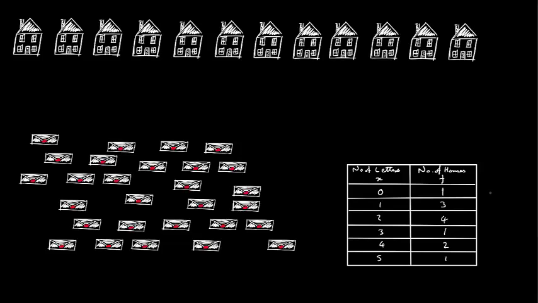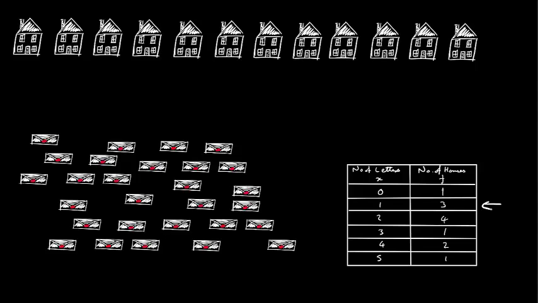The first row says that no letters are delivered to one house. So I'm going to deliver no letters to this house here. That's me sorted there. The next row says that I'm going to deliver one letter to three houses, or rather, to each of three houses I'm going to deliver one letter.